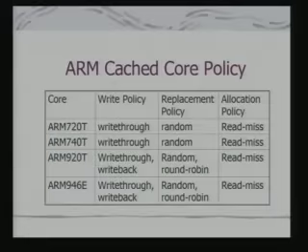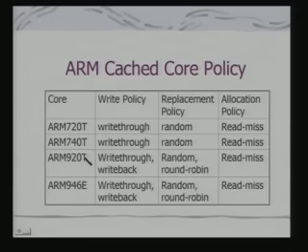If we look at ARM now, this is a typical example of a microcontroller where the availability of these policies is there. These are cached cores. I have picked up some examples of ARM 7 and ARM 9, which we had discussed. They implement write through policy, the replacement is random, and the allocation policy is read miss. The same is true for ARM 740T.